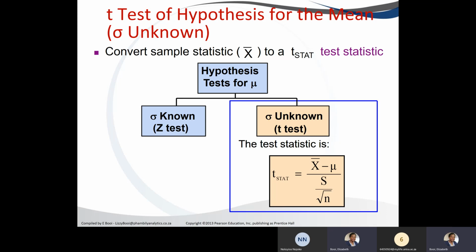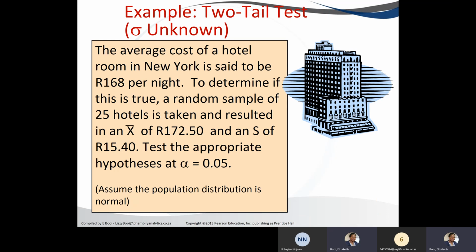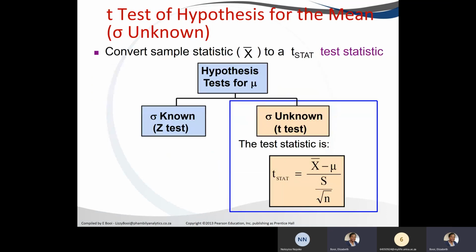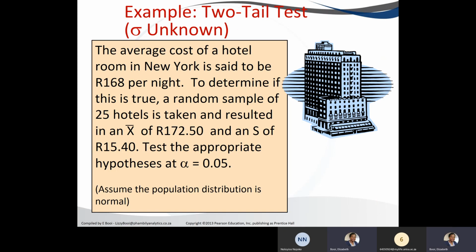When the population standard deviation is unknown, we know that we're going to be using a t-test, and therefore the test statistic is the sampling distribution formula for the t-statistic. For example, remember, we still need to remember all the 6 steps of hypothesis testing.